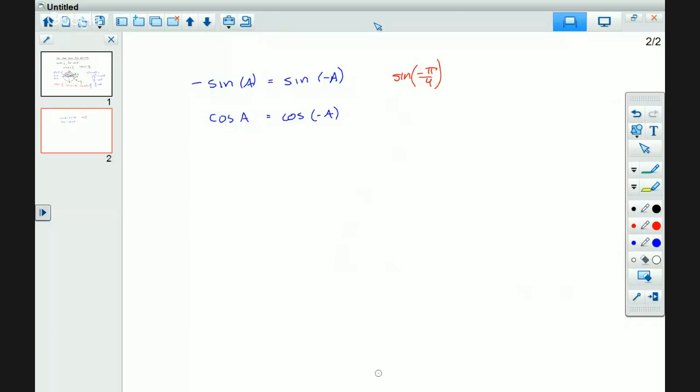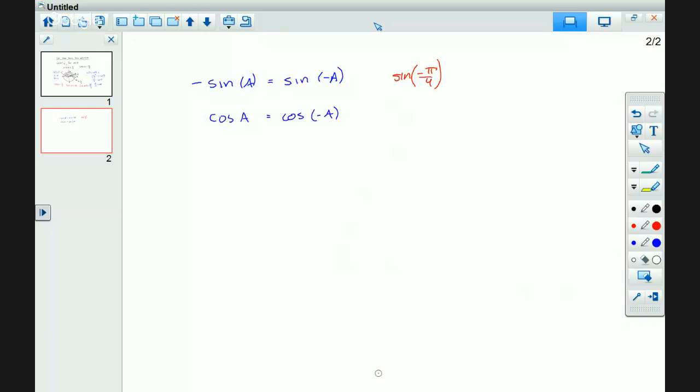So how many of you know off the top of your head sine of negative pi over 4? It's what? Okay, that's the angle measure, but what's the value of this when you evaluate it? It's pi over 4, so we know it's root 2 over 2. Is it positive or negative?